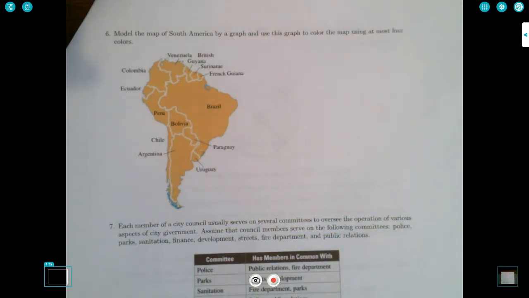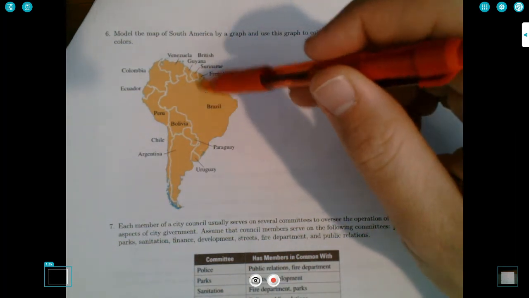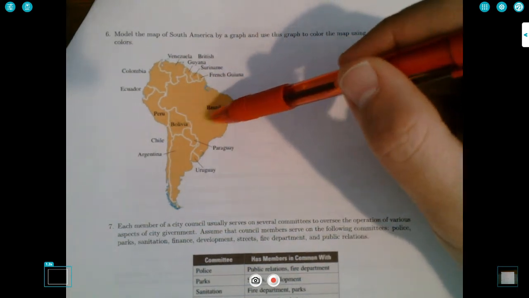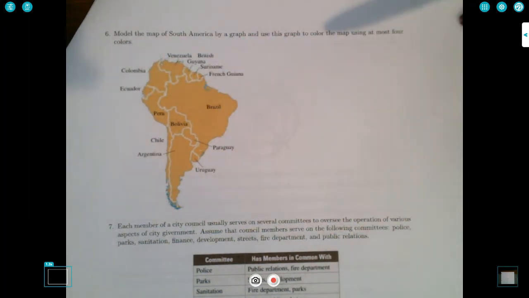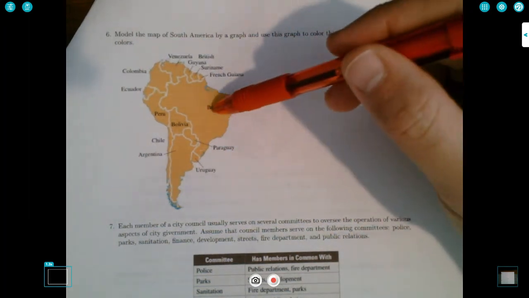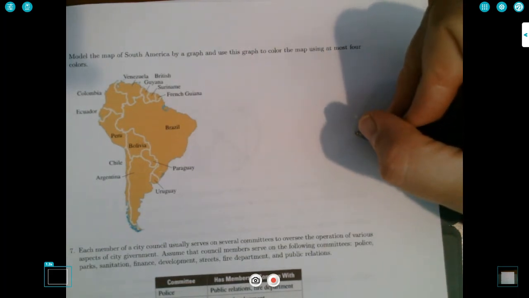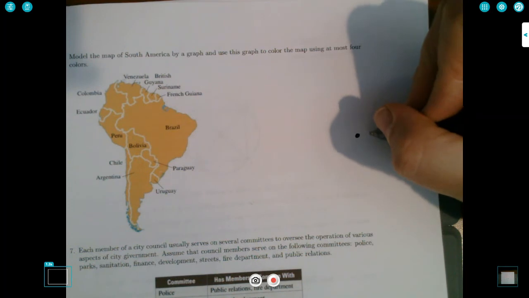So I think what we should do is draw a graph that shows the relationship between countries that have borders. Brazil, you'll notice, has a border with like every other country except Ecuador. So Brazil is kind of a key here. But let's see if we can make a graph out of this. So I'm going to put Brazil kind of over out here by itself because I think I'm going to have a bunch of edges coming out of Brazil.